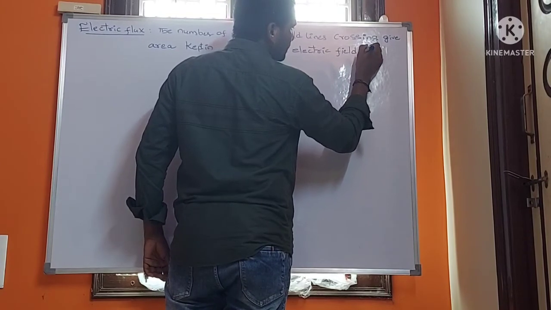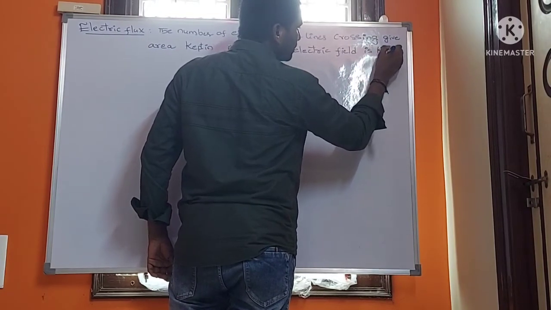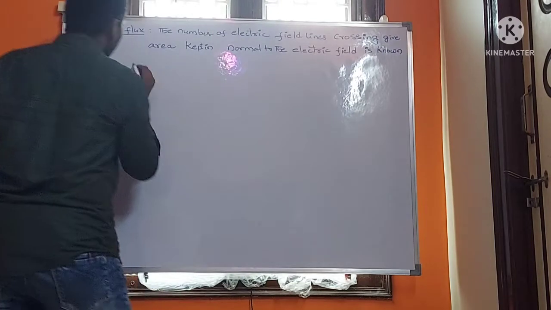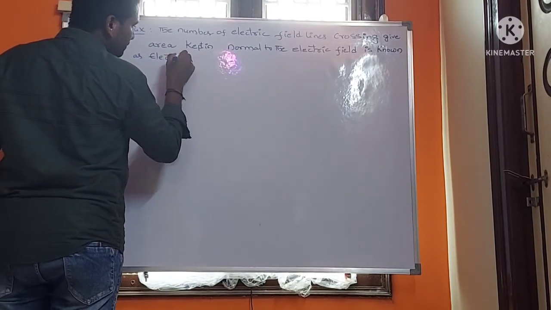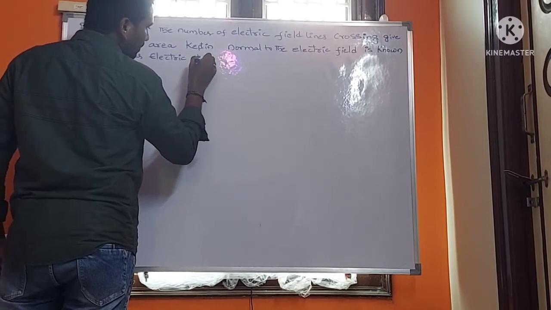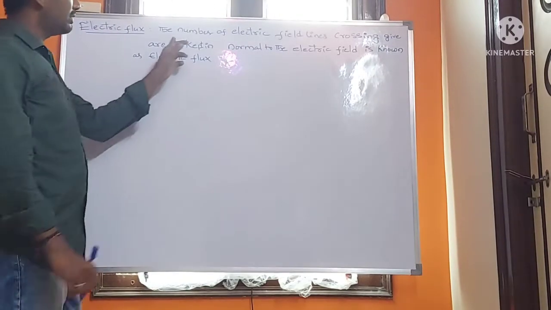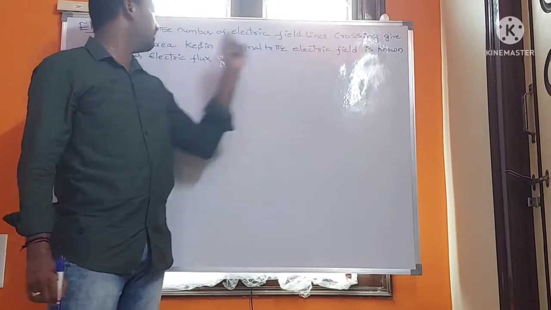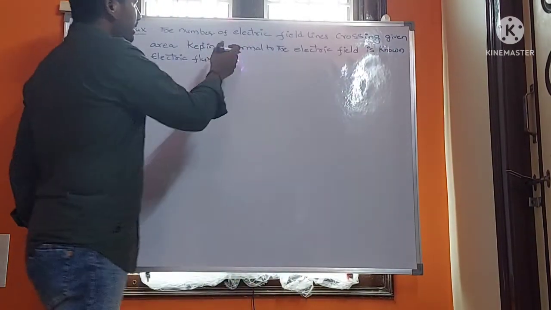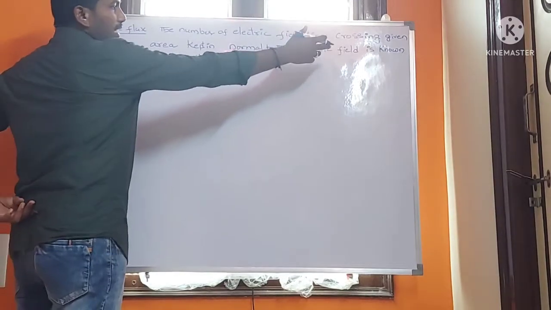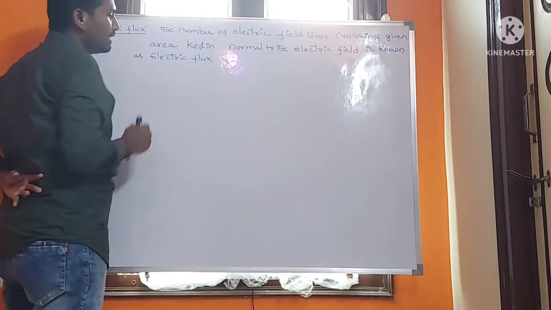That is known as electric flux. The number of electric field lines crossing a given area kept normal to the electric field is known as electric flux.